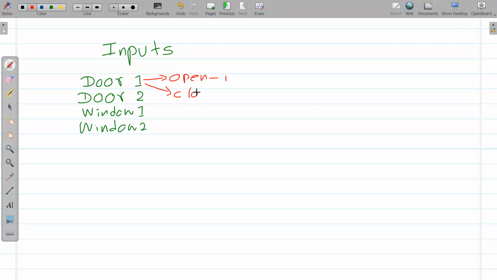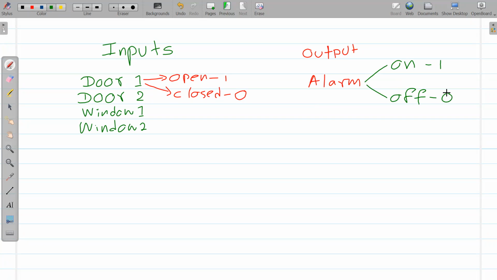If it is closed, it indicates a 0. The same goes for all the other inputs. So the output is the alarm, and when the alarm is on, it indicates 1. When it is off, it indicates 0.